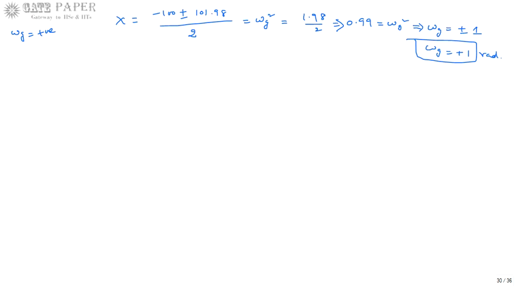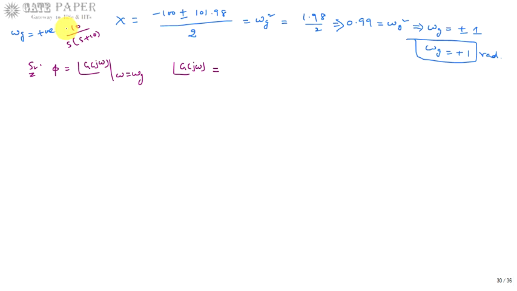Now we calculate step 2, the phase phi. Phi is defined as the phase of G(j omega) at omega equal to omega G. The angle of G(j omega) is the angle of 10 divided by j omega times (j omega plus 10).